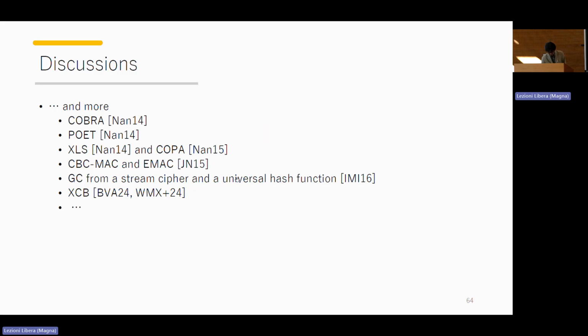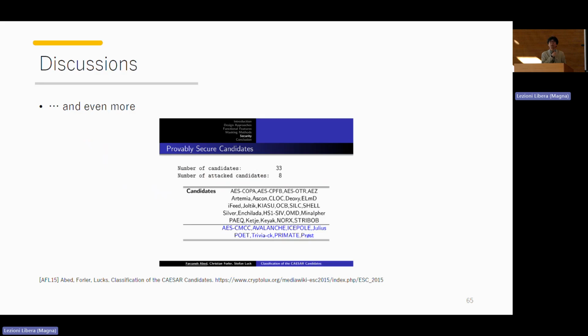And there are very interesting results regarding XCB. And there are even more. This is a slide for the CAESAR competition. And it says that there were 33 candidates claiming provable security, and about 1/4 of the schemes were broken.